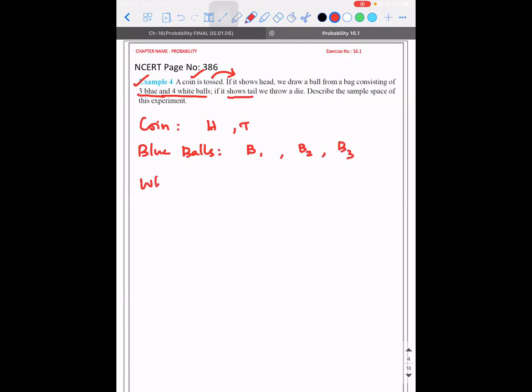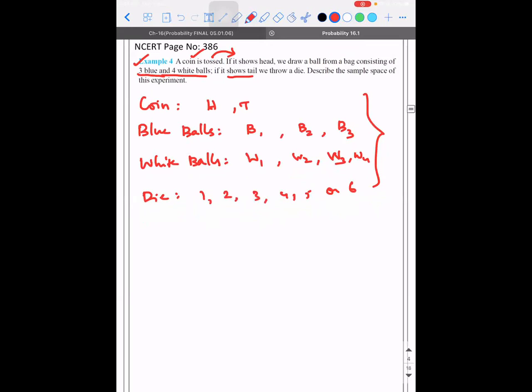And he has white balls, let me call them W1, W2, W3. And he also has a die, which has 1, 2, 3, 4, 5 or 6. Sir, he has 4 white balls. Oh, sorry, W4. Now is it fine? Yes, sir.